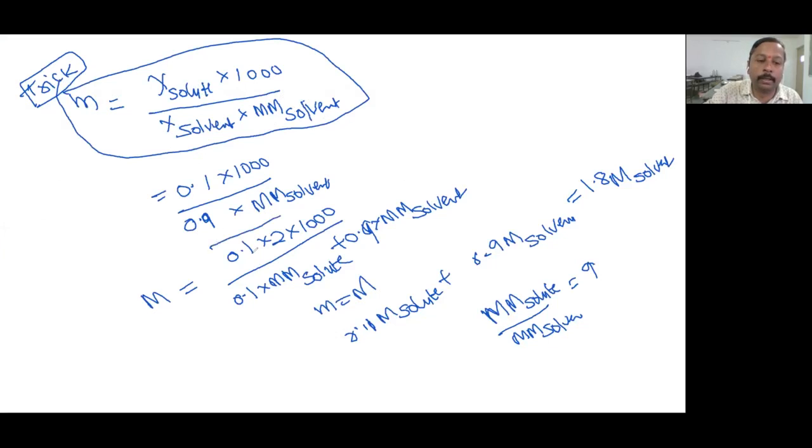Then we get the molality, and molarity is simple. This is density, and we can write it as 10 also. 0.1 into 2 into 1000 divided by 0.1 into molar mass of solute plus 0.1 into molar mass of solvent. So just by equating them, you will get the ratio of molar mass of solute divided by molar mass of solvent, which is equal to 9.